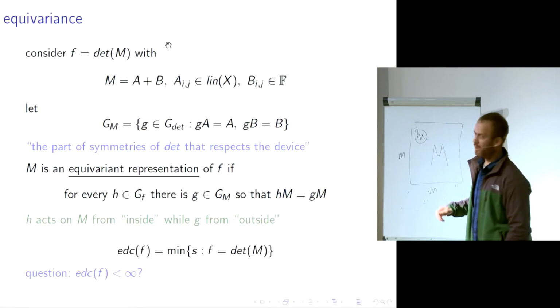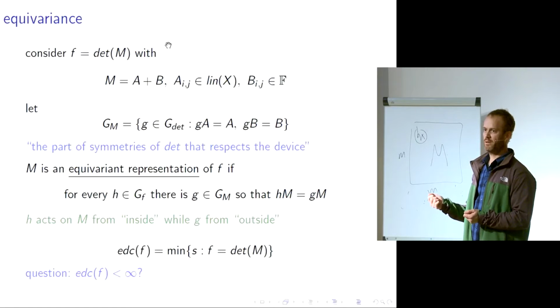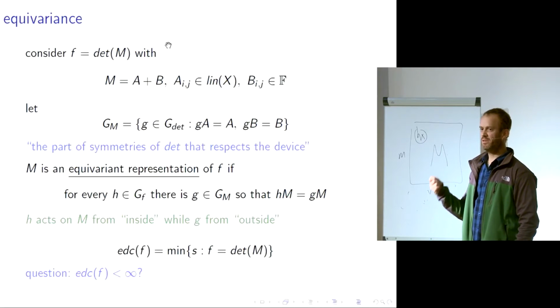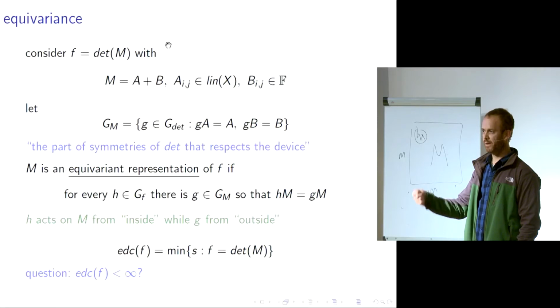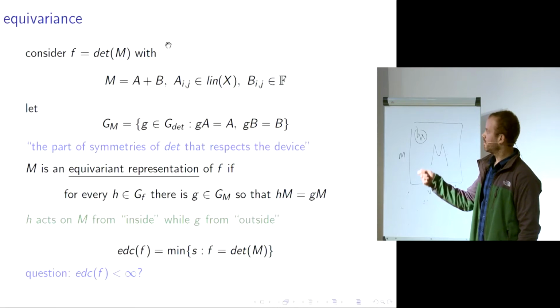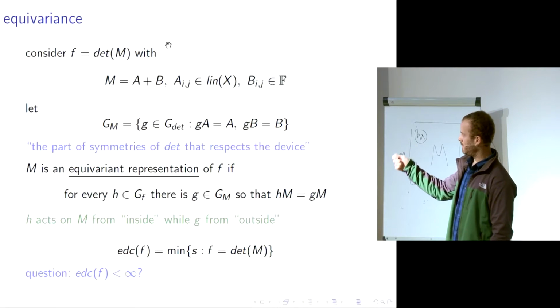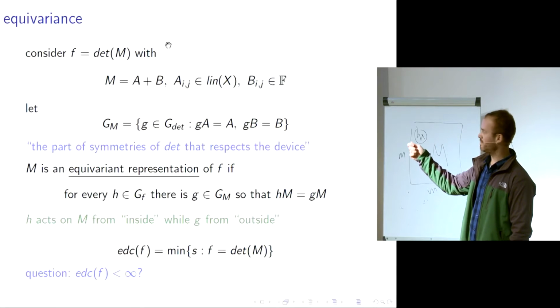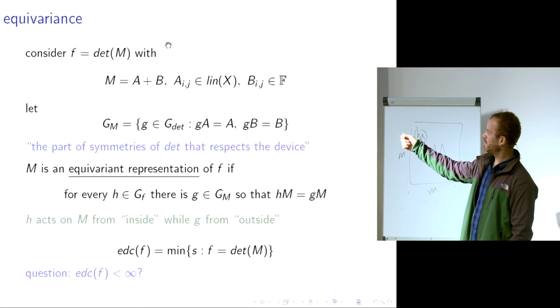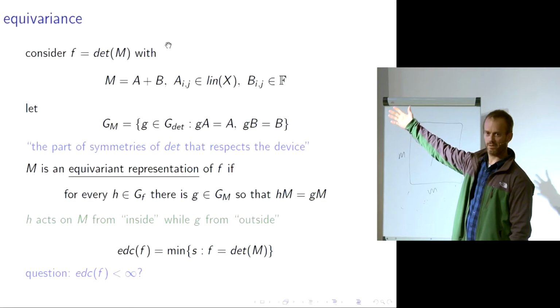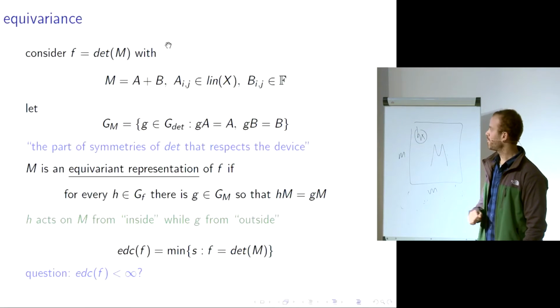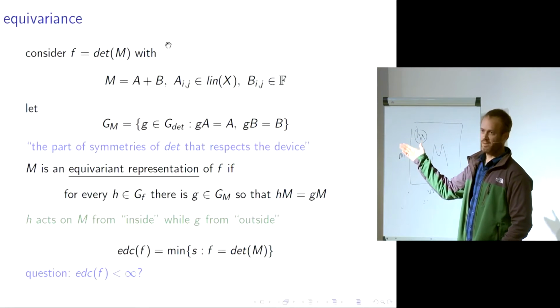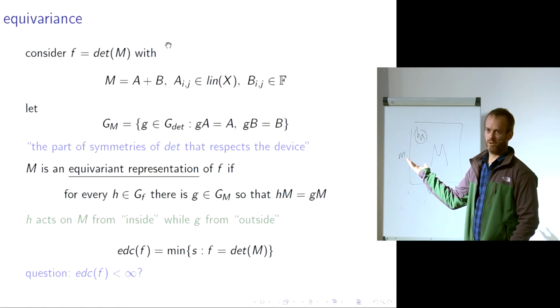Okay. And now you can define a different complexity measure. It's the minimum size of a device that respects the symmetries. The equivariant determinantal complexity of a polynomial is the minimum size of the matrix that is an equivariant representation of the polynomial. So this is a new definition.